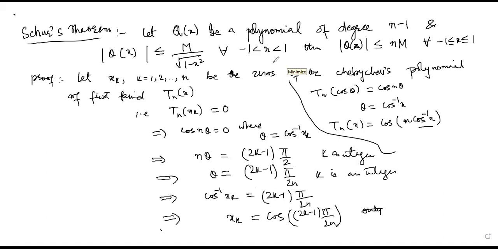So these are the roots of the Chebyshev polynomial. They are distinct.